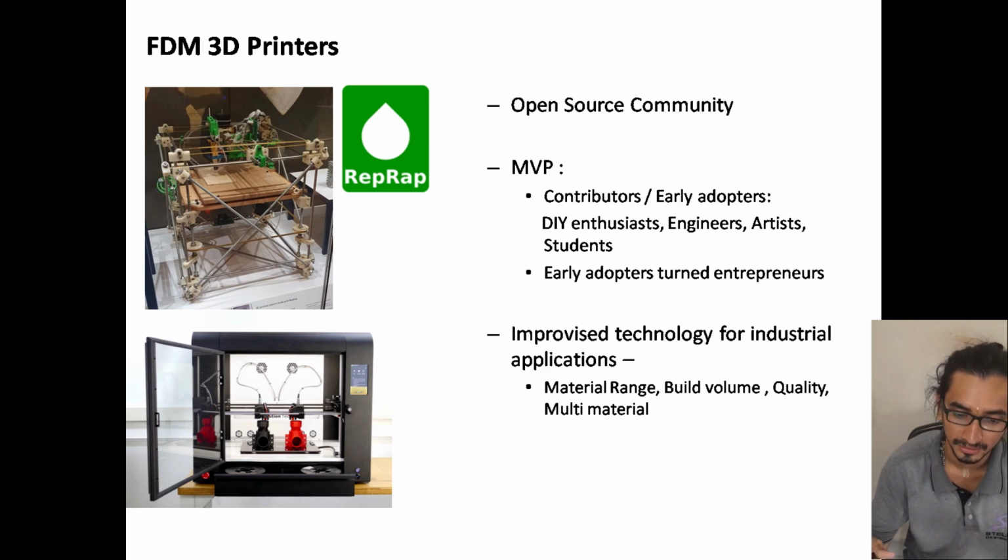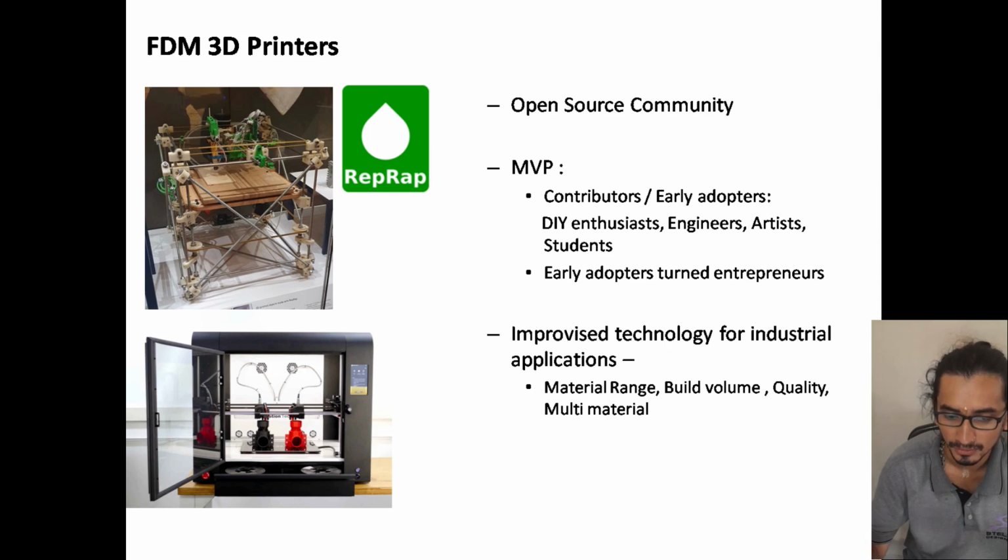This community started coming up with designs and exploring them, which attracted other stakeholders like students, DIY enthusiasts, engineers, anybody interested in building something on their own, anybody building something in electronics or robotics, or an artist. All needed ways to create customized parts, and the 3D printer made it possible.